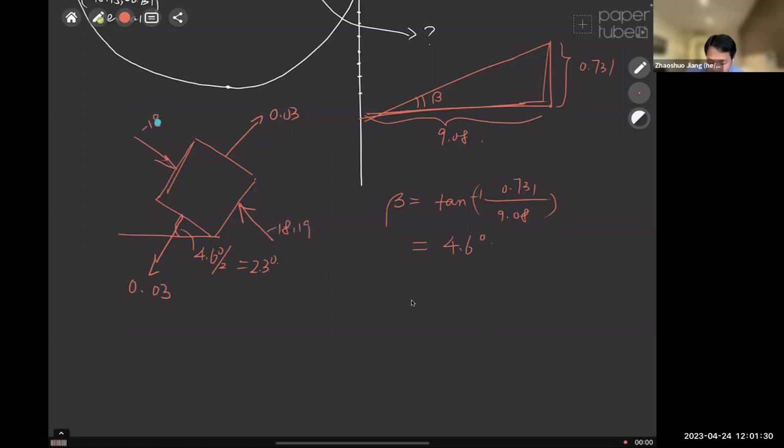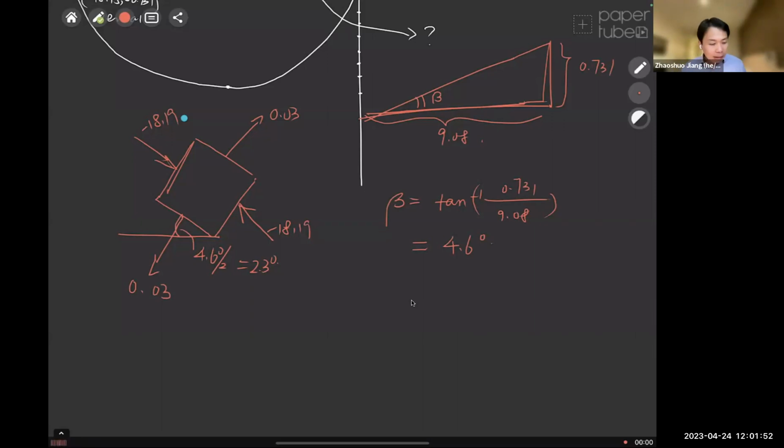Therefore, that is negative 18.19. That is the small cube there. We did not ask you to draw the small cube on the problem statement; we're just asking for the angle. But I'm drawing that for you so that you know what those stresses on the small cube are as well.